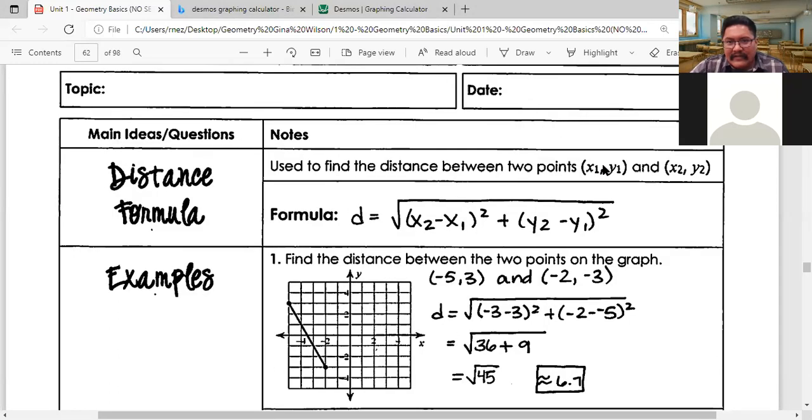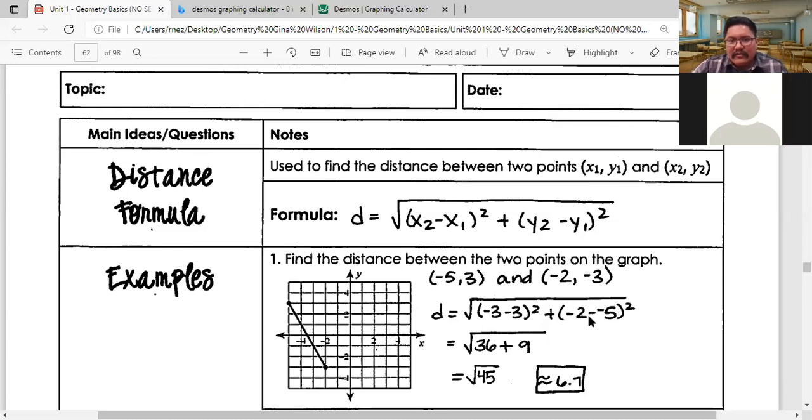So there's an X value and a Y value in each ordered pair, right? So they take the X and the Y value and they plug them into these bubbles here. So in this case, it looks like they're taking this one and putting it first. Now, if you take the first one from this group, you're gonna have to take the Y as the first one in the next group too.